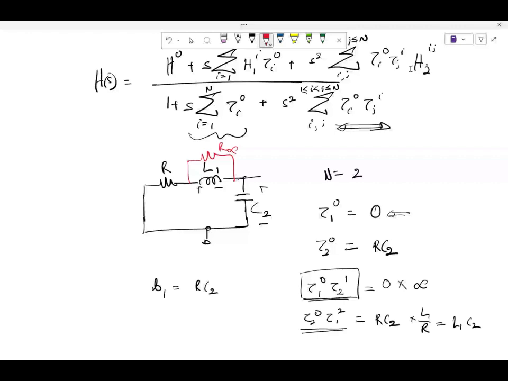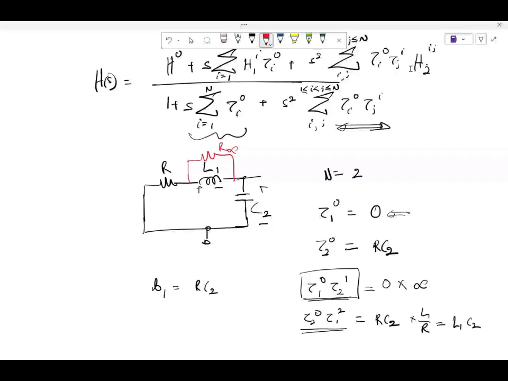You are going to get the same result, but it's more algebra. The point I'm trying to make is that the framework is fine, but the ease of application depends on the user. You have to be smart in choosing which time constant you are going to use.